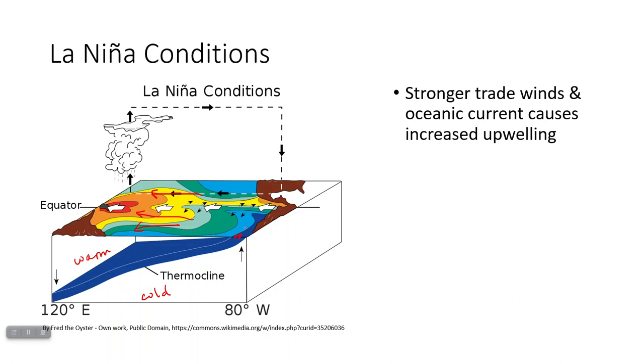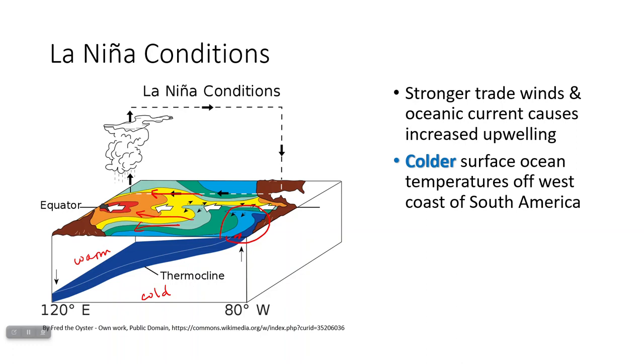And so you actually have an increase in the kind of cold temperatures off the west coast of South America. So you have this stronger wind that's going to cause increased upwelling, and it's going to give you colder surface temperatures off the western coast of South America.